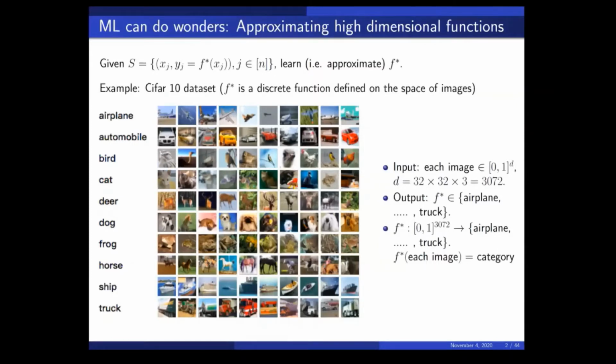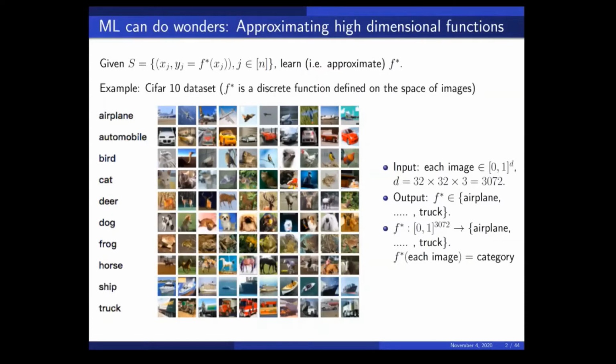The task is to learn the function which would tell what's contained in each image. So this is a function in very high dimensional space. Each image can be considered as being a point in a 32 by 32 by 3 dimensional space. 32 by 32 because that's the number of pixels, 3 because that's the dimension of the color space.